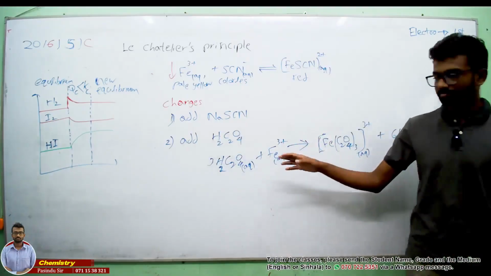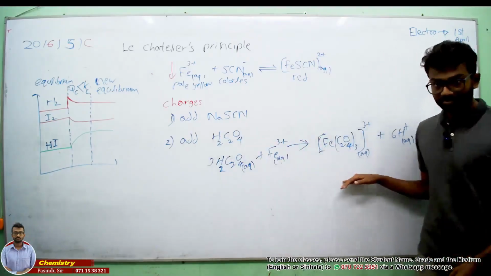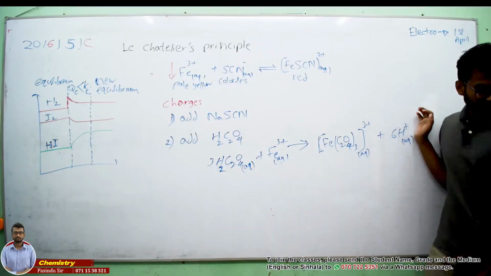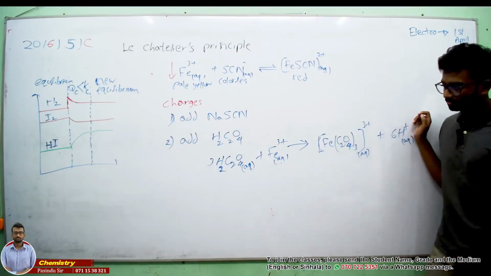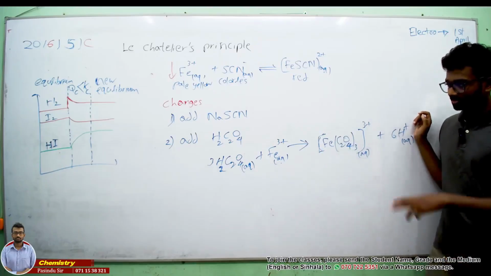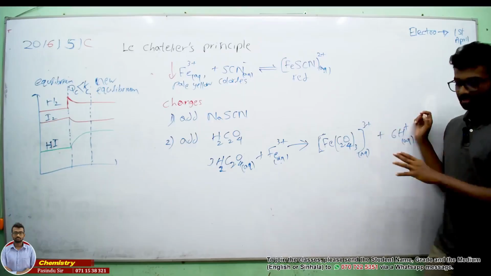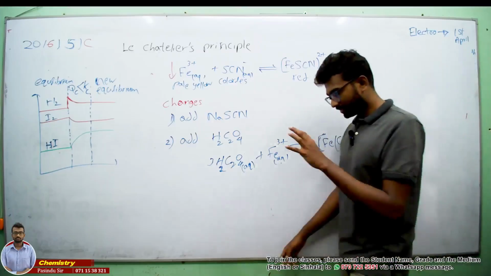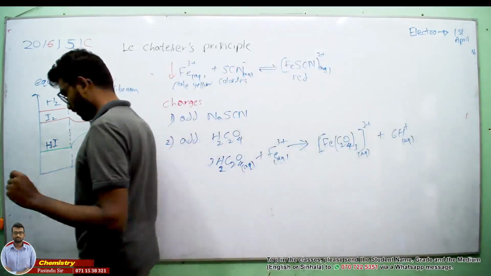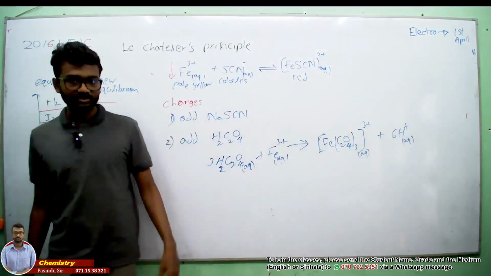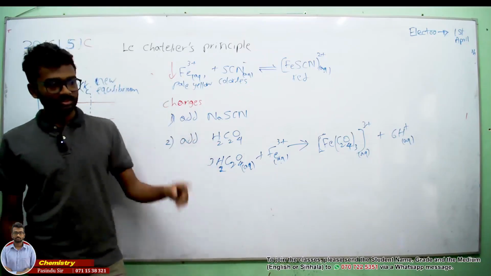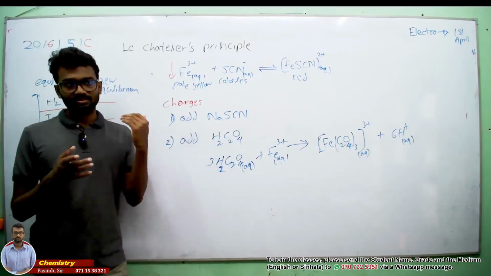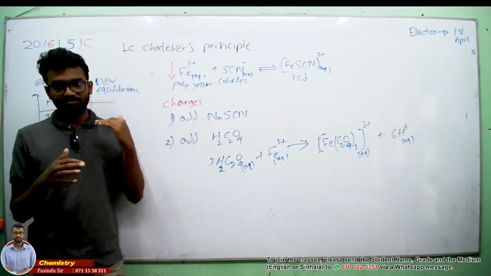Yes, write the equation, show what happened. First say Fe3+ makes a complex with oxalate, and then mention the equation. When you explain something, do it step by step, what happened.